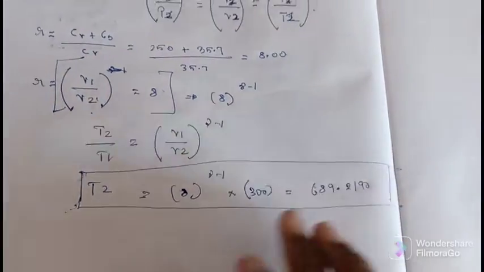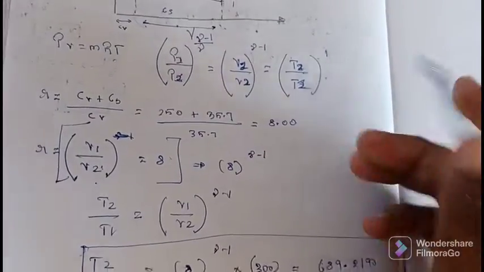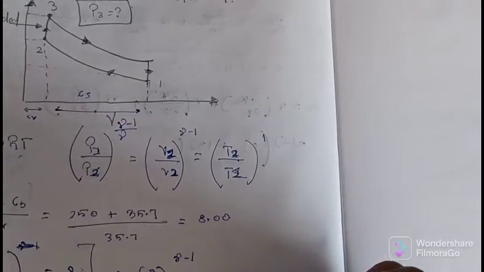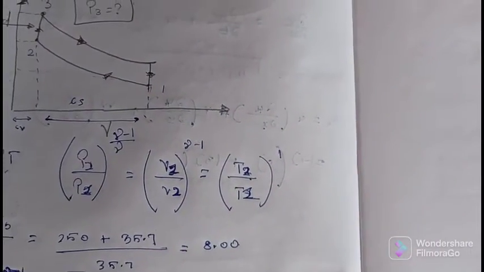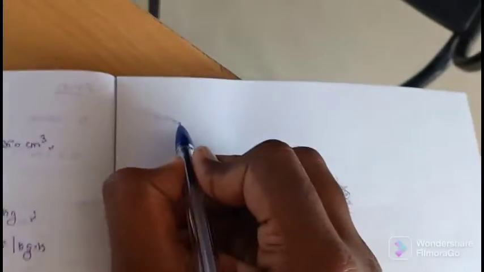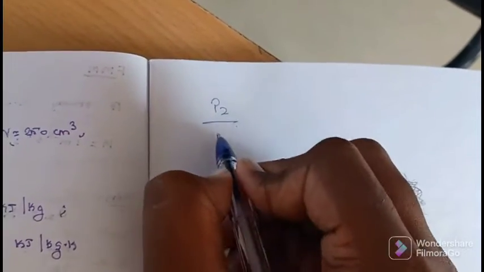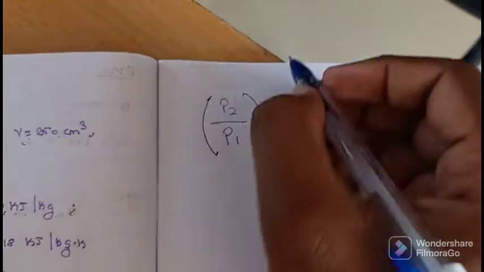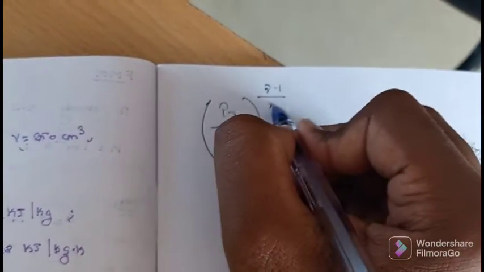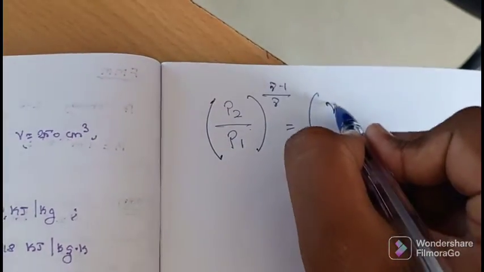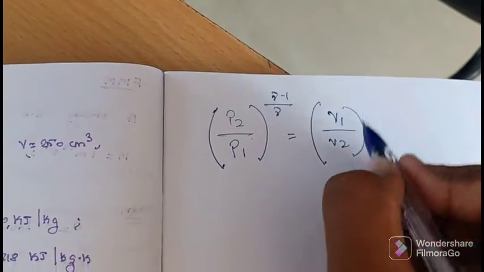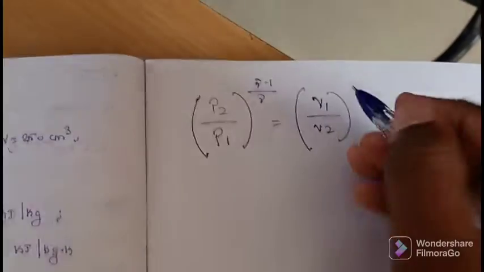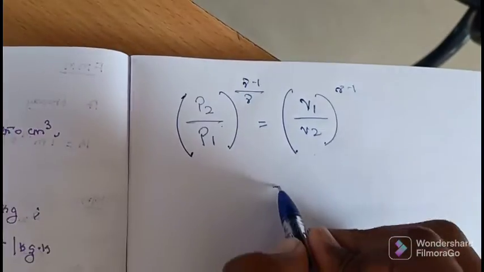For this we have to use the same relation. What is the relation? For clarity we move to a new page. P2 by P1 whole power alpha minus 1 divided by alpha is equal to V1 by V2 to the power alpha minus 1.